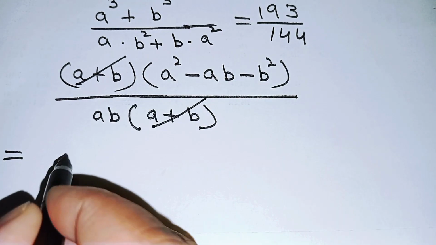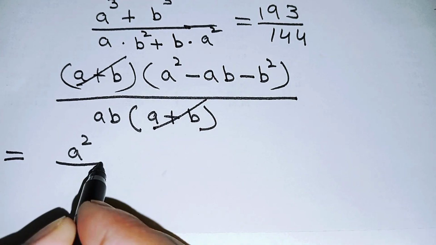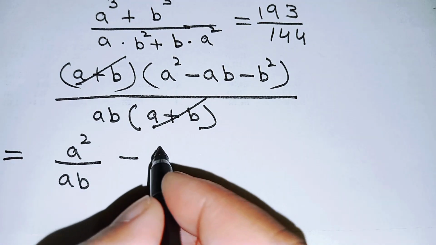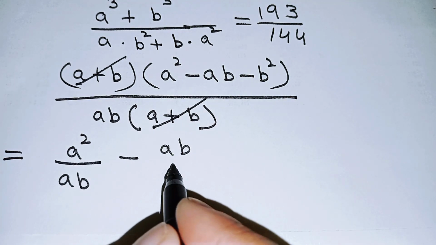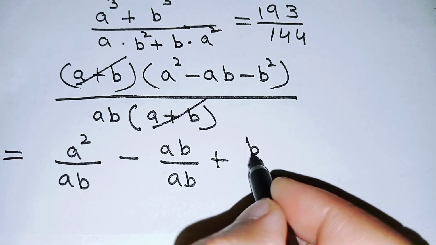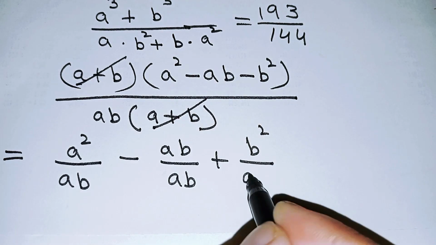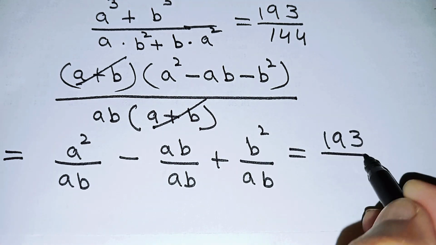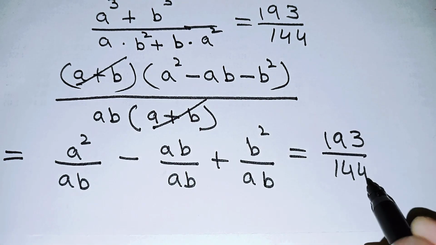So a squared over ab, minus ab over ab, plus b squared over ab, is equal to 193 over 144.